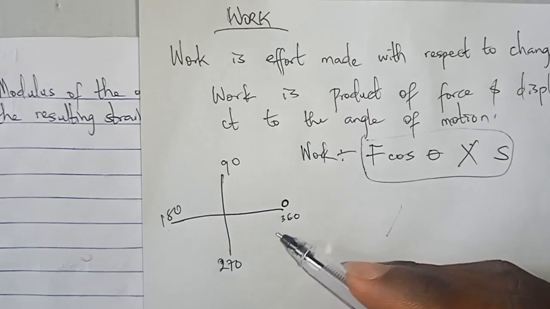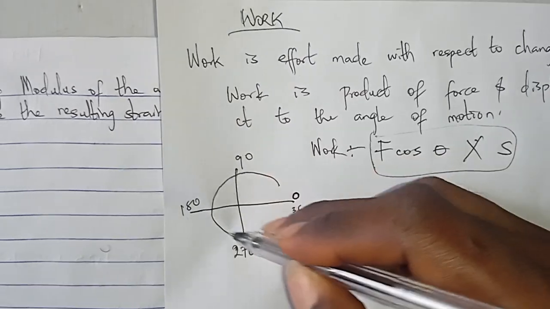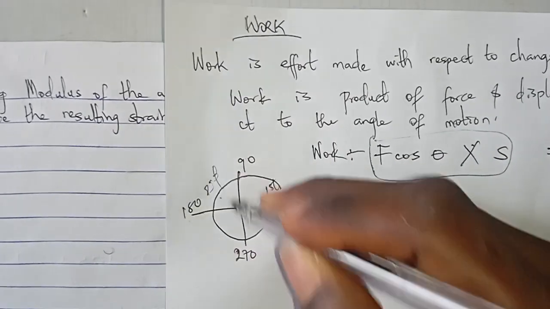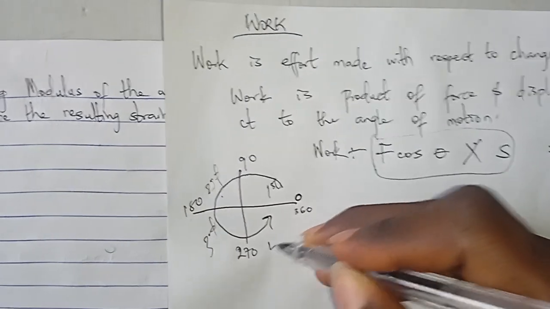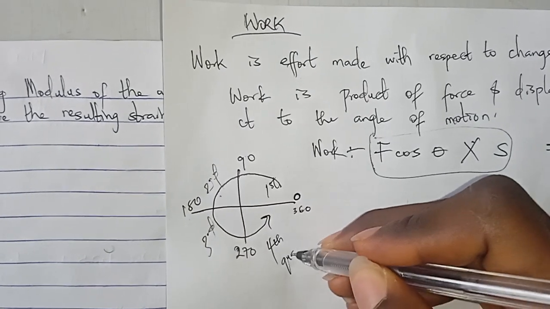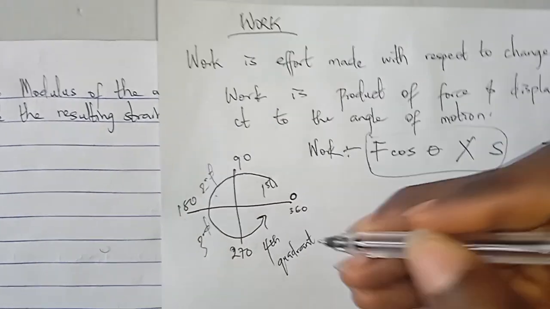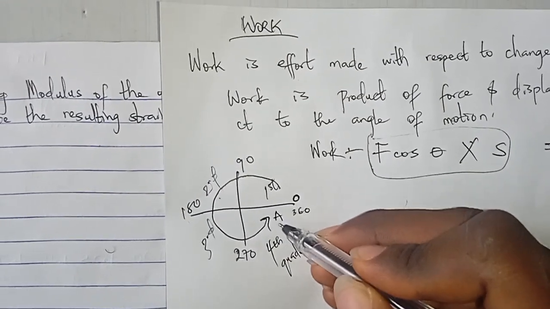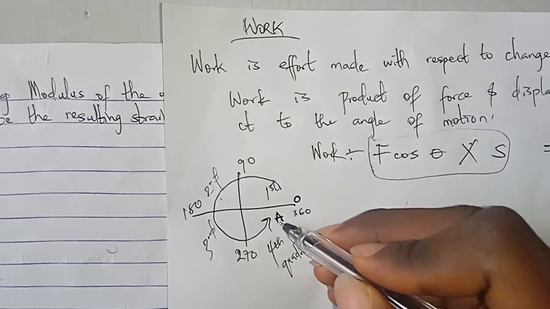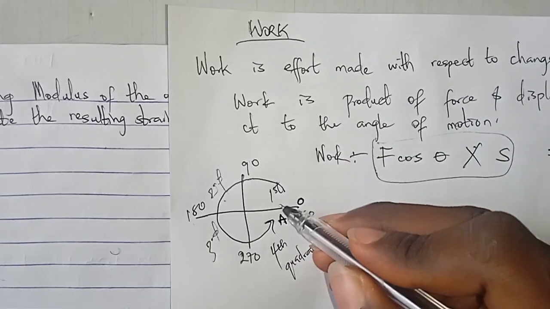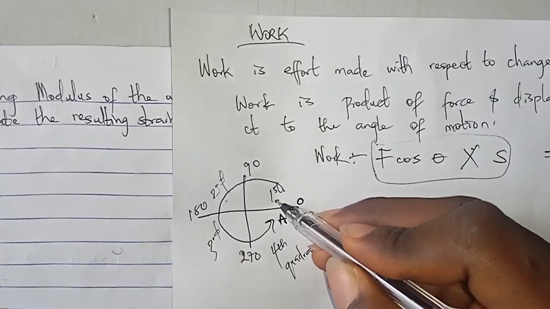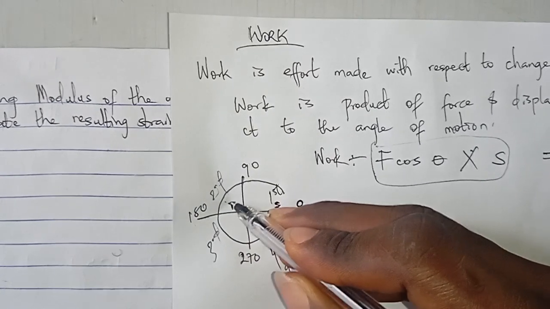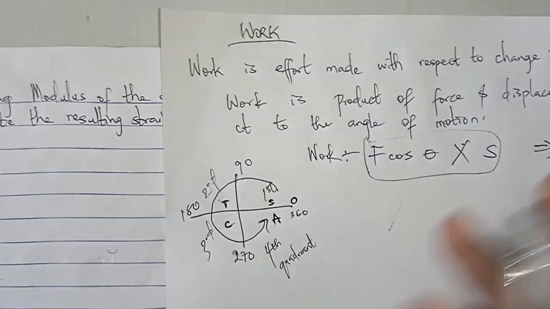That is the first quadrant, second quadrant, third quadrant, fourth quadrant. And you know that here all of them are positive: sine, cos, tan. Here sine is positive, here tan is positive, here cos is positive.